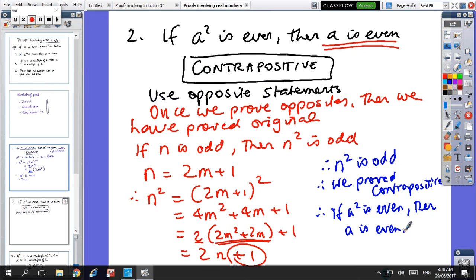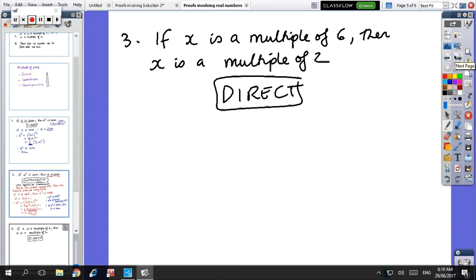Okay, so again, there's just different techniques you need to be aware of, and need to practice. Okay, so this one, if x is a multiple of 6, then x is a multiple of 2, and we'll just do this one with direct. Okay, so x is a multiple of 6, so we can say it's 6m.